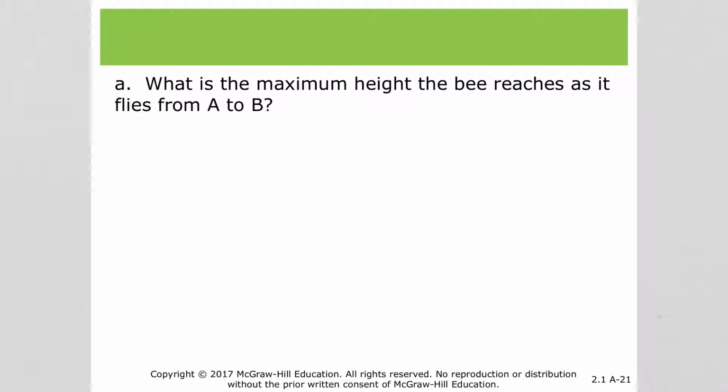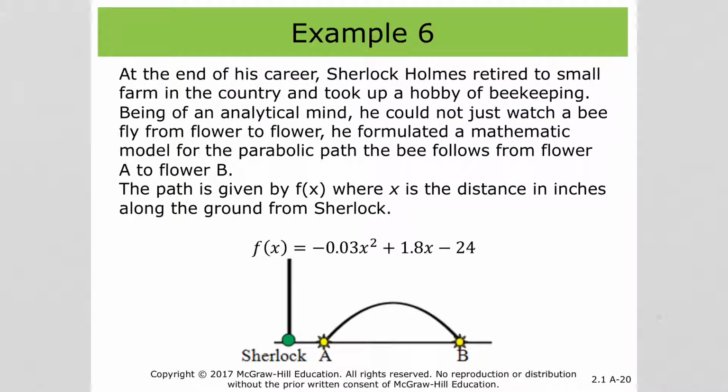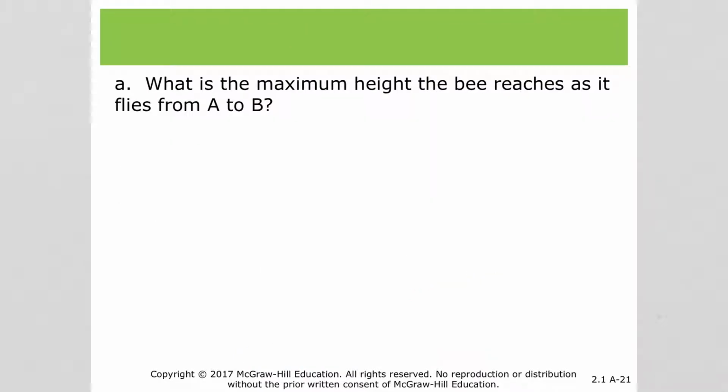We're asked, first of all, what is the maximum height the bee reaches as it flies from A to B? So the maximum height is going to be up here. Now what is that in a parabola? That is the vertex. So all we need to do is use this equation to find our vertex.